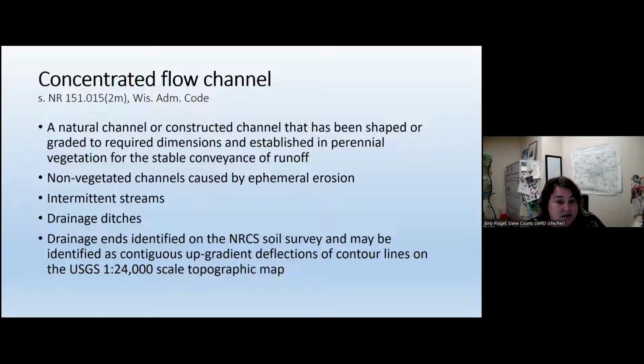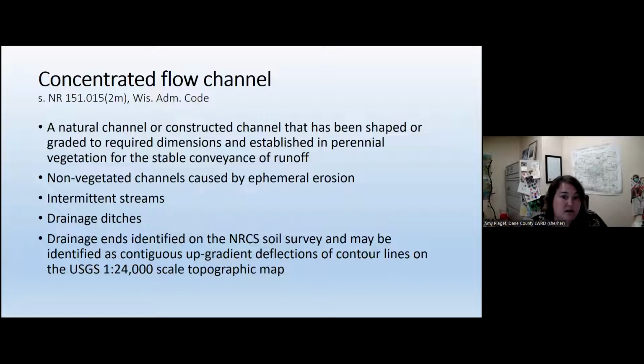So that would be a gully potentially that's formed, but maybe we haven't come in and assisted with a grass waterway, or maybe a grass waterway isn't the appropriate practice for that. We see these in Dane County, usually in the driftless area with the ravines and the draws that come out of the hills down to the stream channels.